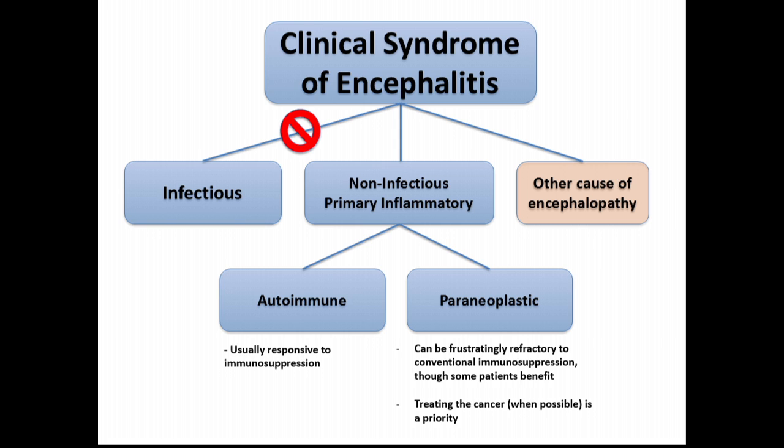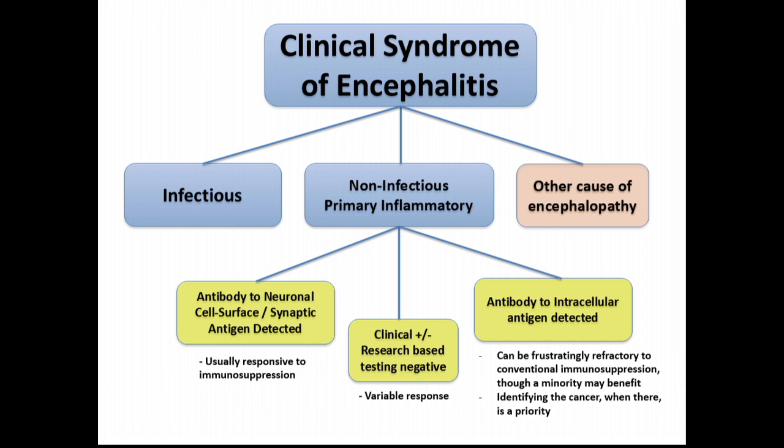We think they're more a non-specific marker of an anti-tumor antibody humoral response, and that when you look on brain pathology, on neuropathology of these patients, it's really a heavily T-cell driven process. And this correlates with our clinical experience that these patients can be frustratingly refractory to treat with humoral-based treatment strategies. And identifying and treating the cancer is really the treatment priority.